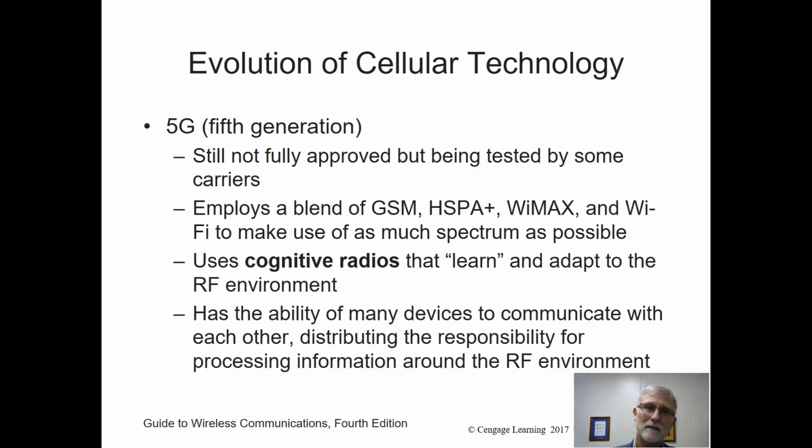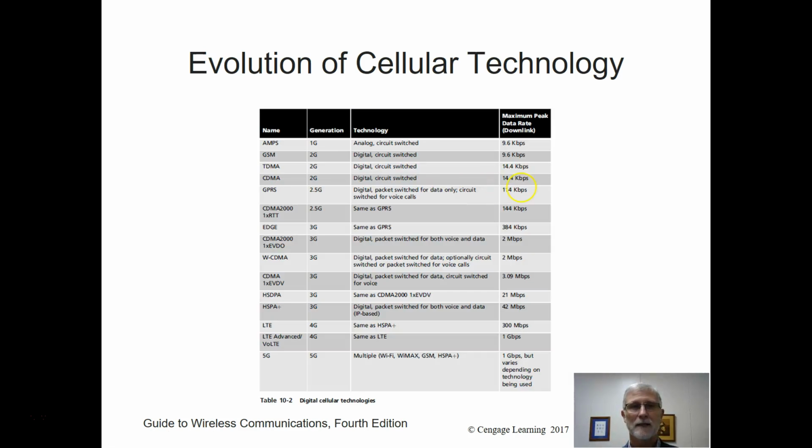You'll probably have some radios that actually can learn and adapt to the RF environment, so now you're getting really intelligent on the radio side to compensate for what's going on. You've probably heard talk on 5G of your cars being able to network along the highway. So it definitely has a totally different look as to what wireless could be in the upcoming years.